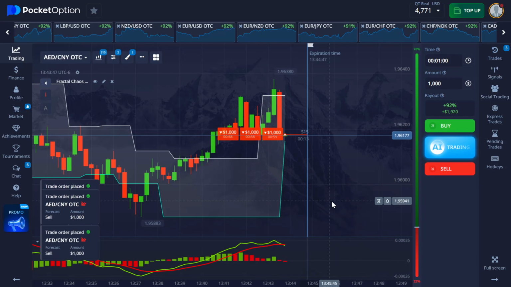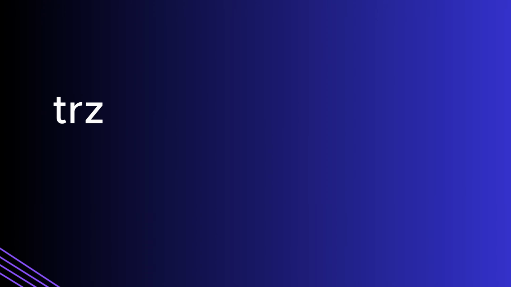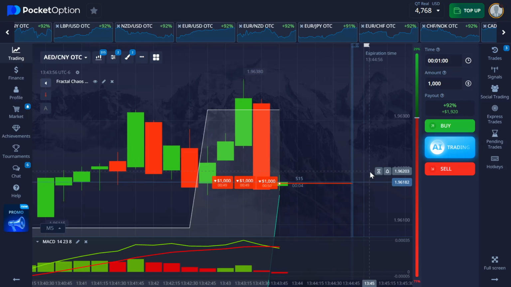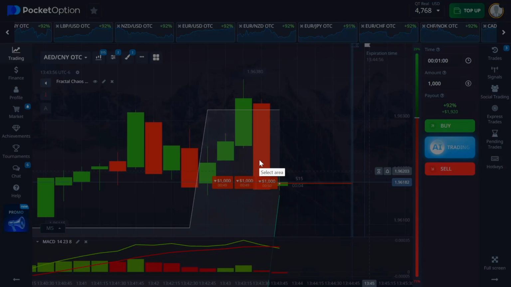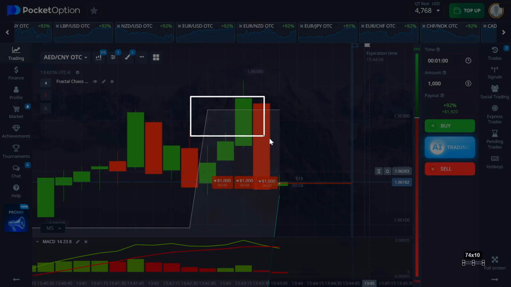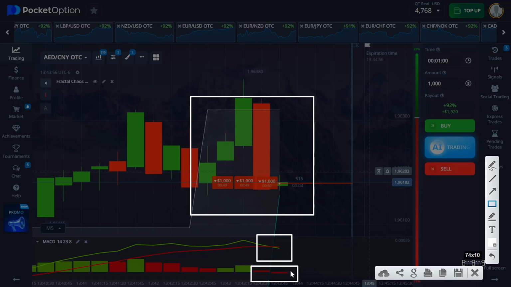Okay, so there was another opportunity right here again. Let me show you guys real quick. As you can see, the price breaks inside of the fractal chaos band right here. Okay, and you see that MACD has crossed, the histogram also has formed.